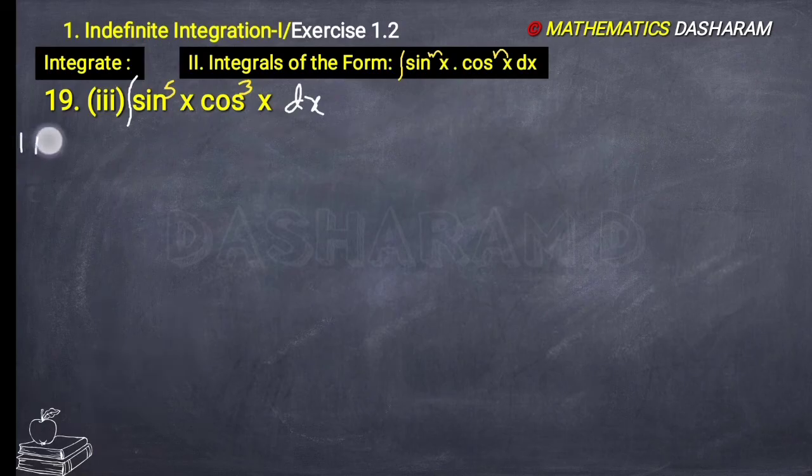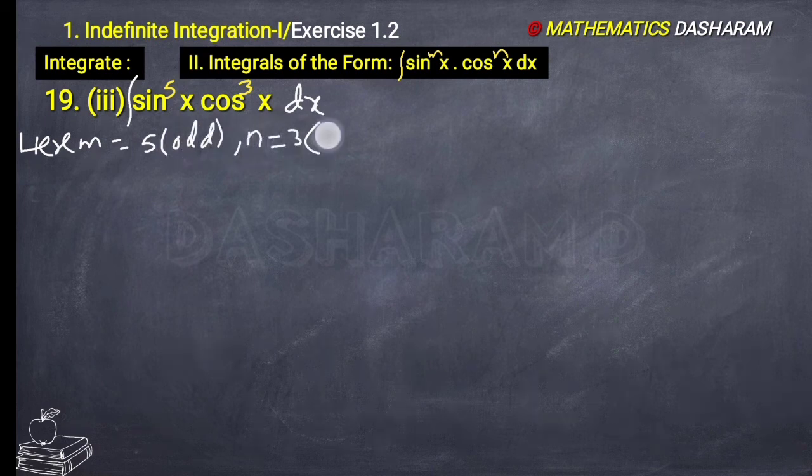Then here m equals 5, it is an odd number. Next n equals 3, it is also an odd number. When both are odd numbers, then compare m and n. m is greater than n. Am I right?